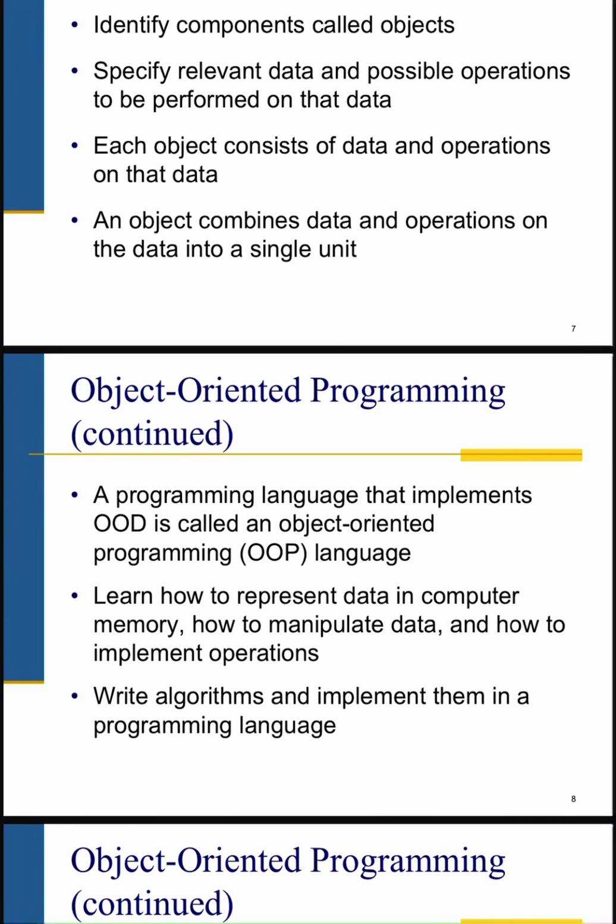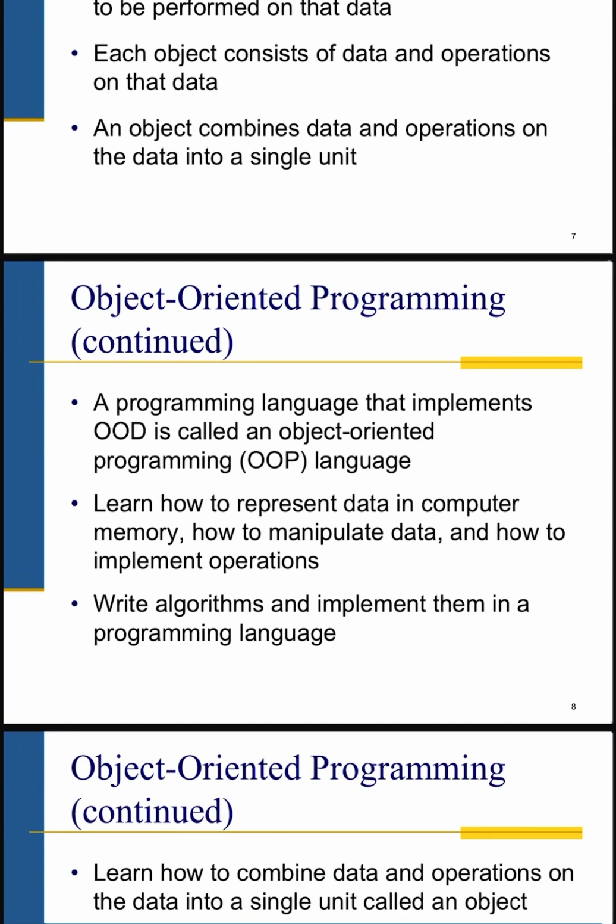So a programming language that implements OOD is called an object-oriented programming, OOP, language. And learn how to represent data in computer memory, how to manipulate data, and how to implement operations.